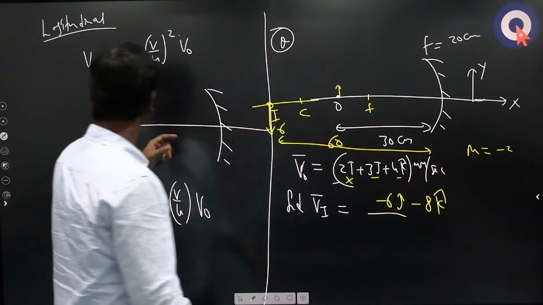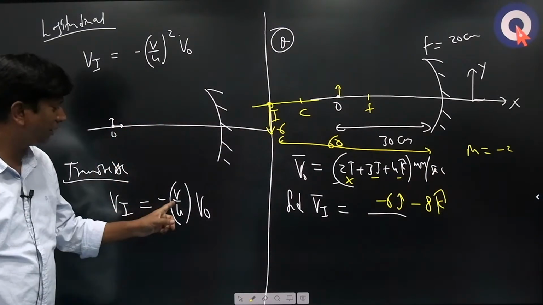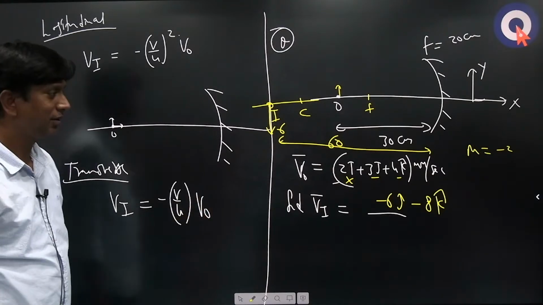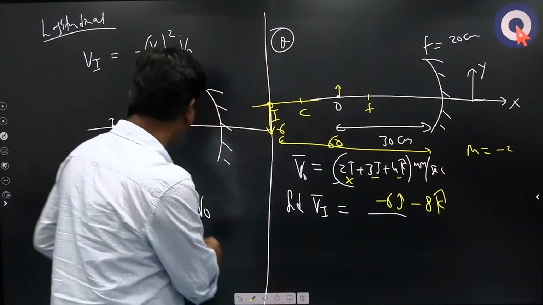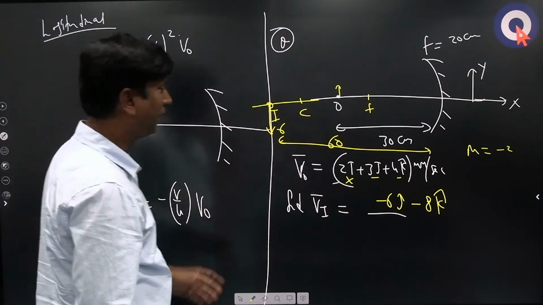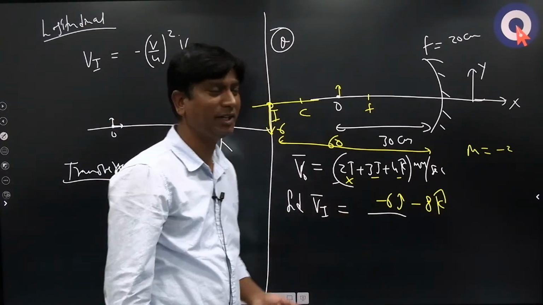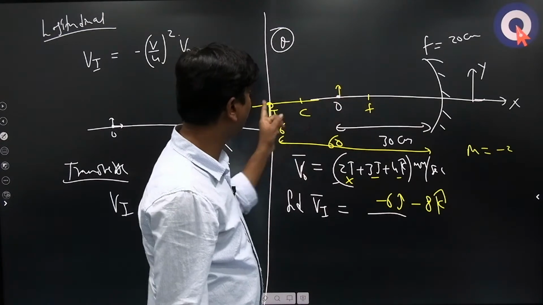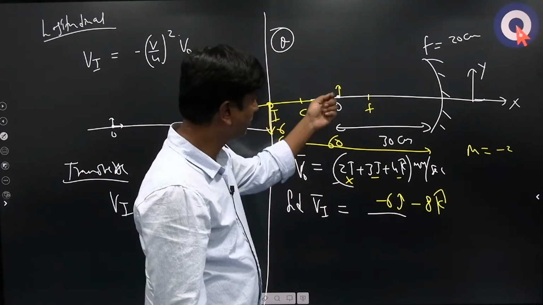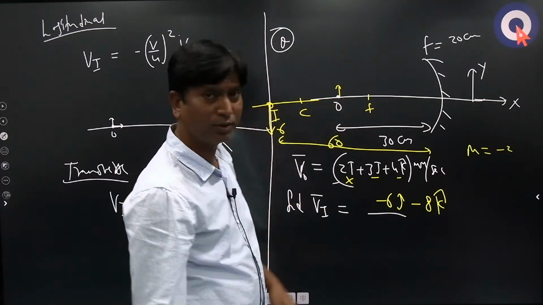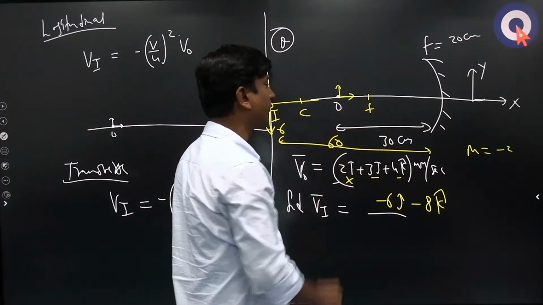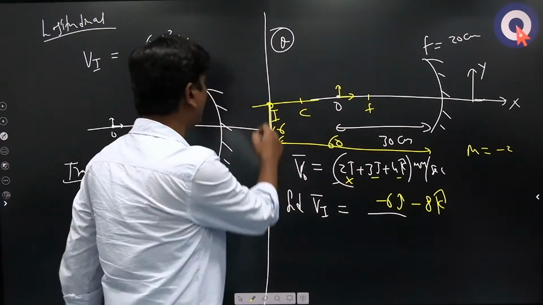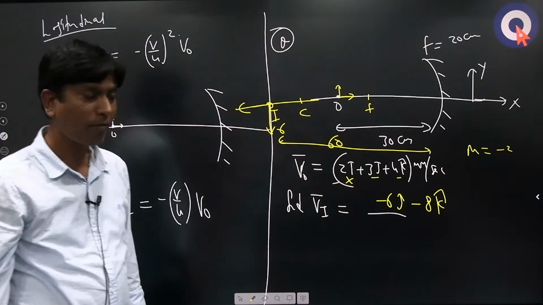In the transverse direction it is minus of m times, so minus of v by u, or simply m times. Minus indicates that since it's a real image, whenever the object is moving up, the image moves down. Object moving along positive k, image moves along negative k, right? And if the object moves along the axis with 2 towards the focus, the image moves away.